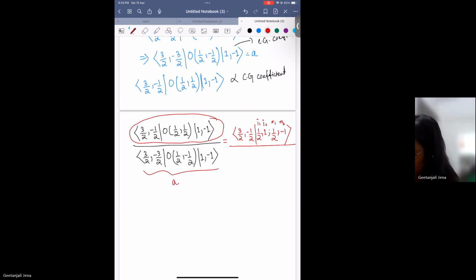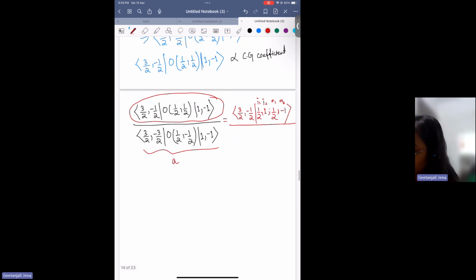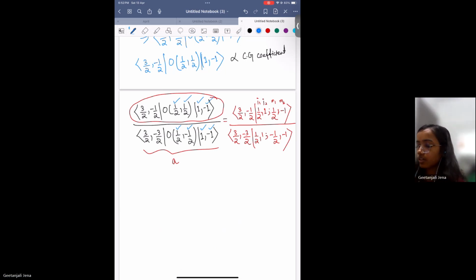For the denominator part, you have to write down the CG coefficient, which is 3 by 2 minus 3 by 2, and this will be half 1 and minus half minus 1. We have taken this as J1, J2, and this is M1, M2. Similarly, these two terms will be J1, J2, and this one M1, M2.